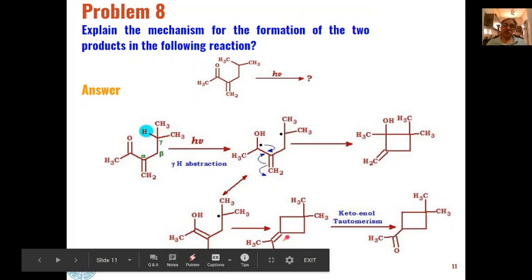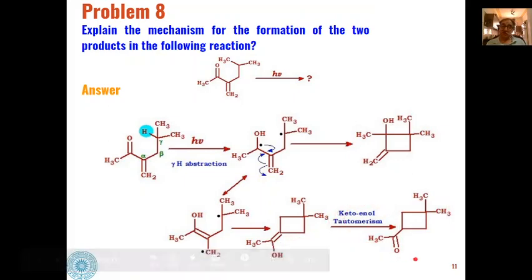And these enols undergo keto-enol tautomerism, and we will get these types of ketones as the product.